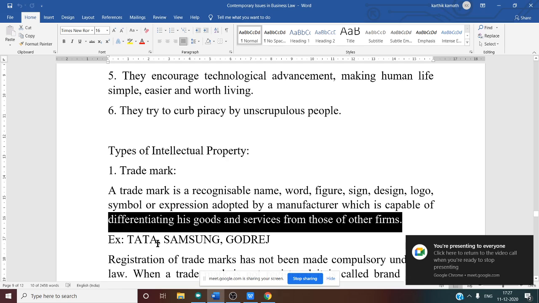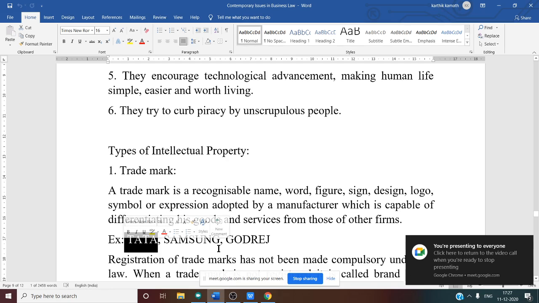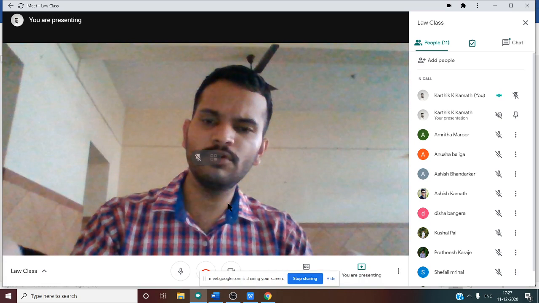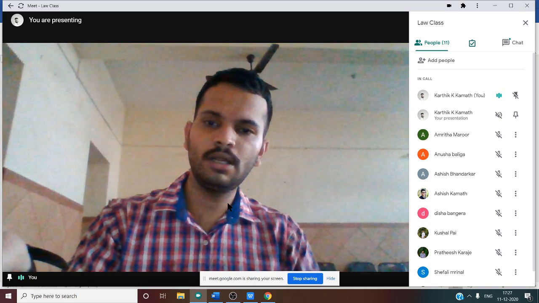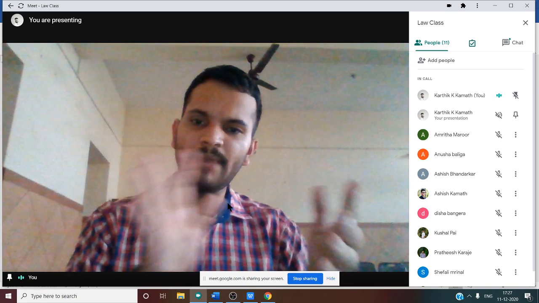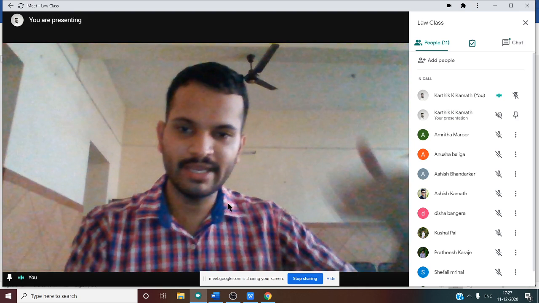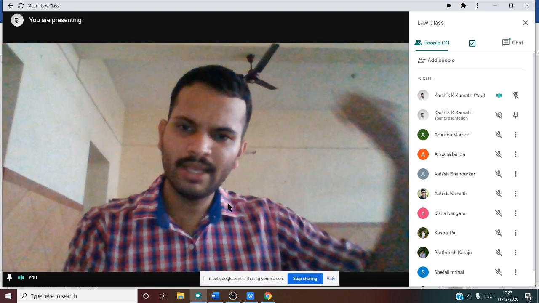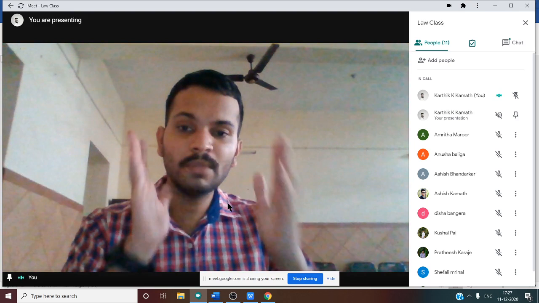See this, for example, Tata company, Samsung, Godrej, Coca-Cola. In the mobile industry, Redmi is there, Realme is there, Moto. If you see bike and car manufacturers, Maruti, Suzuki, various companies are there. All of them have a trademark.